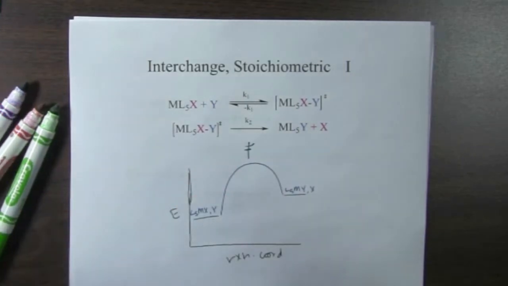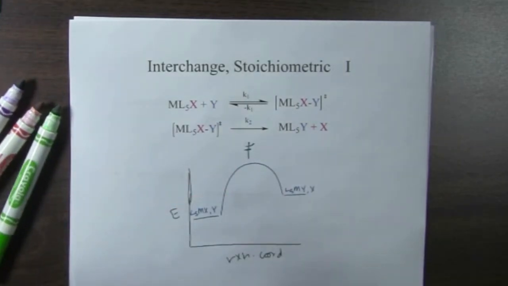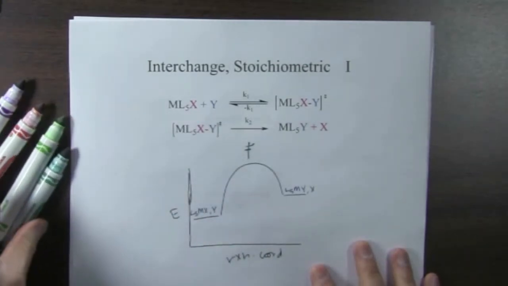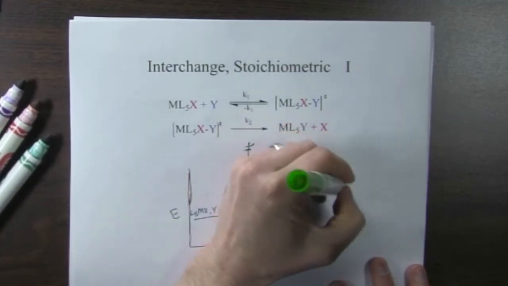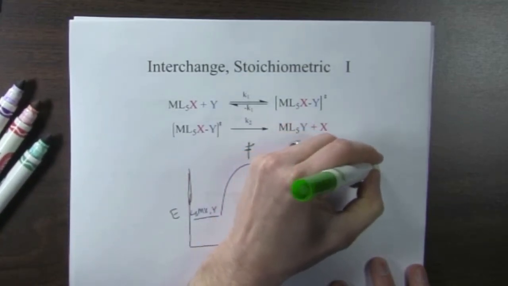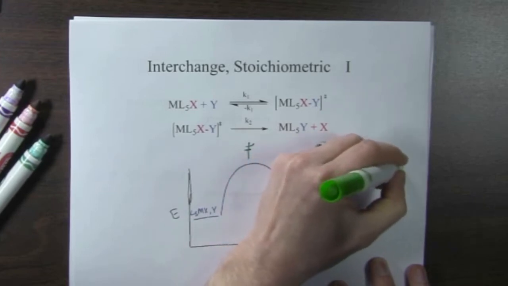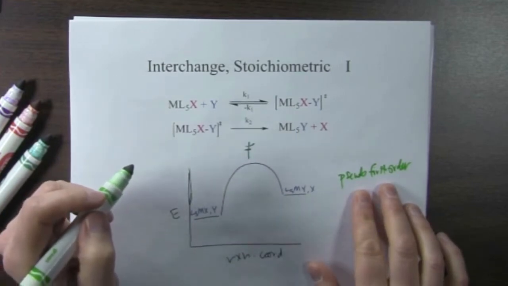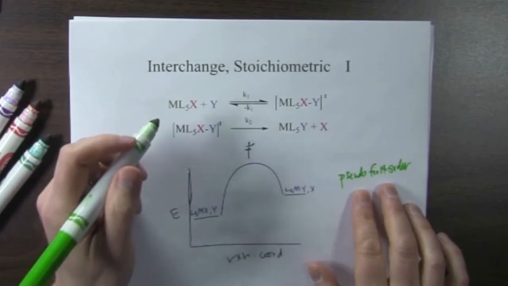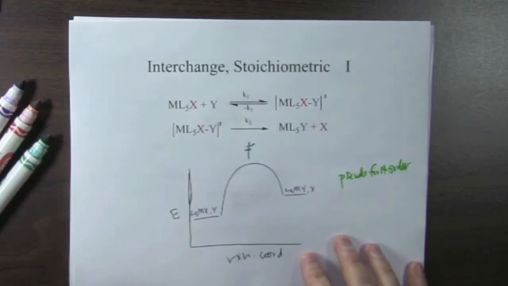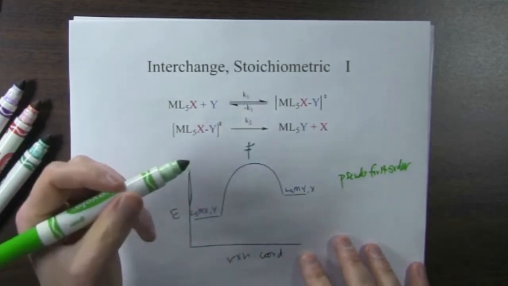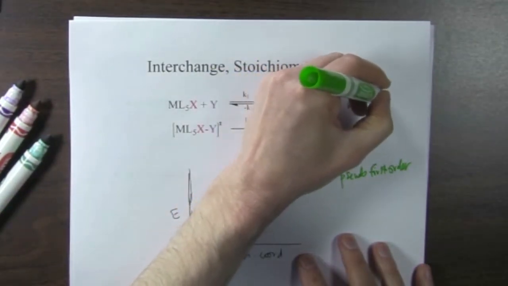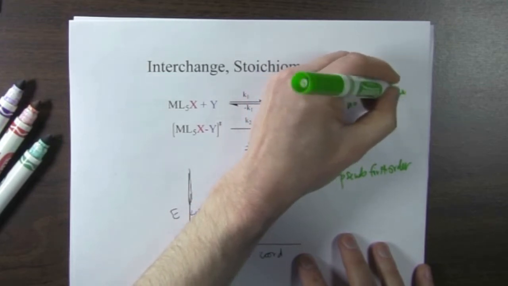And it turns out under most reaction conditions, this is a pseudo first order reaction. So we can't tell just from the order of the kinetics rate law whether we have an interchange or a dissociative reaction. And again, the key is that there's no intermediate formed, or at least detected.